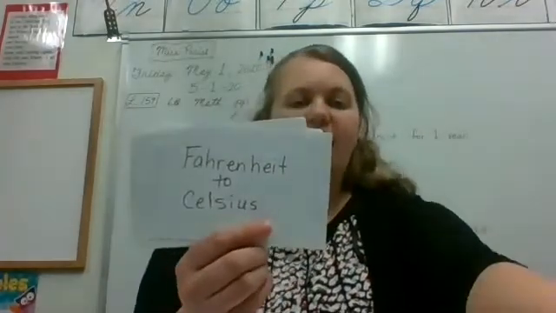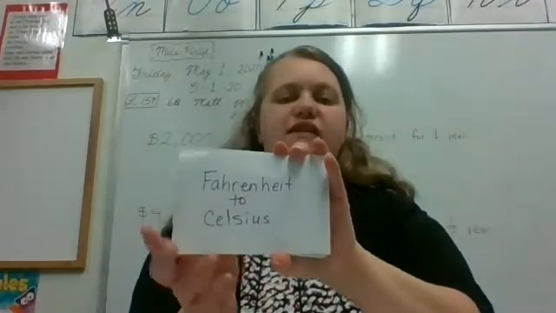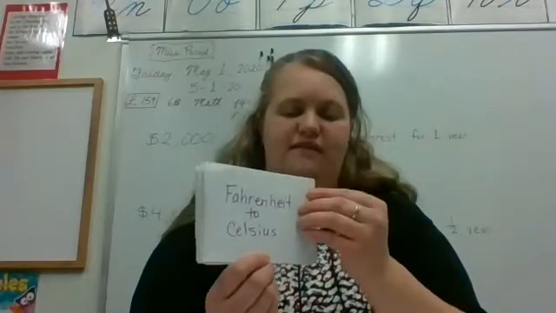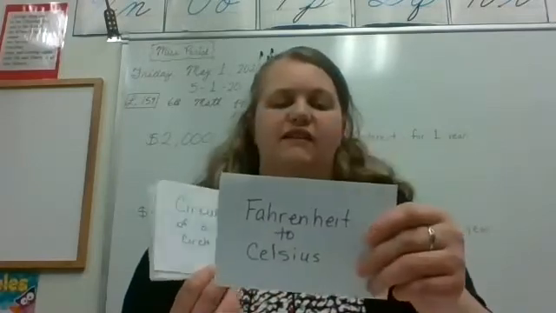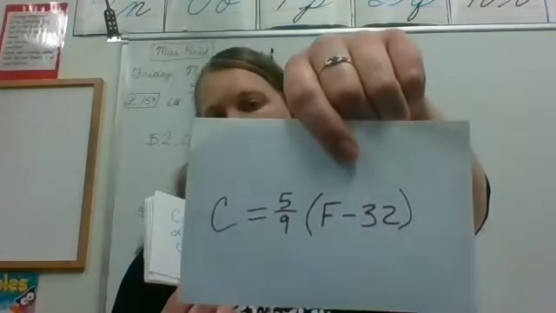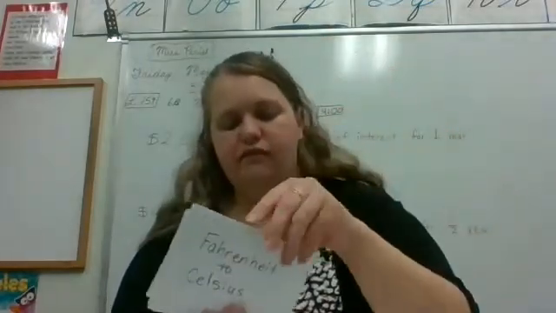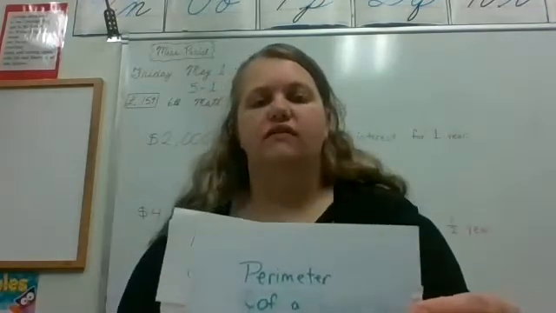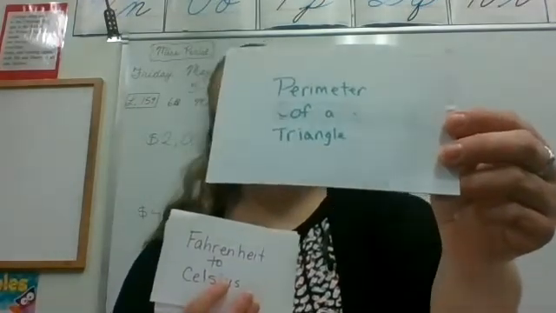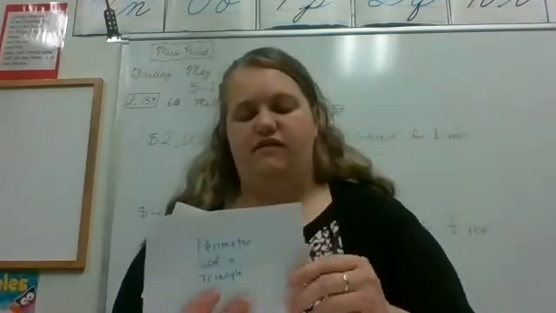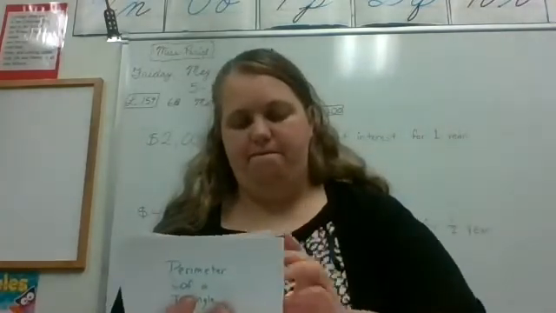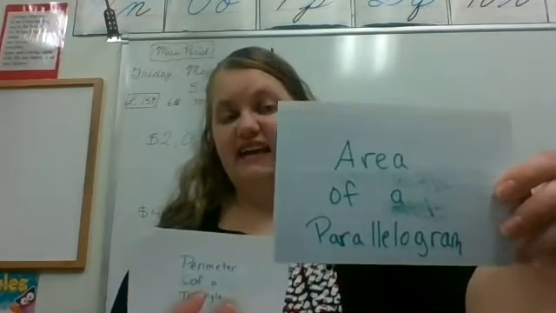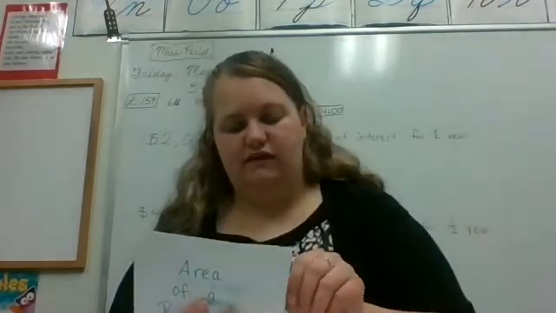All right, Fahrenheit to Celsius. So you do C equals 5/9 times F minus 32. There's your formula, okay? Perimeter of a triangle. P equals A plus B plus C. Area of a parallelogram. A equals B times H, or base times height.